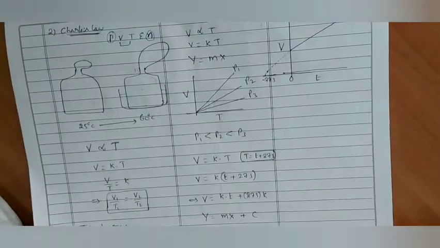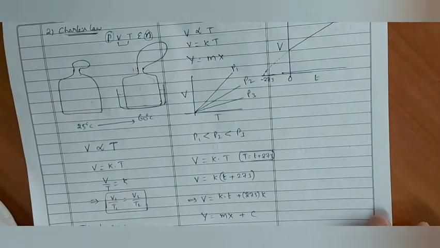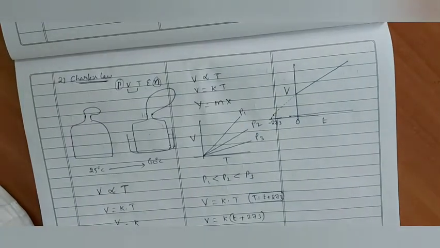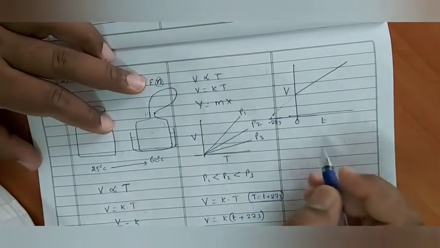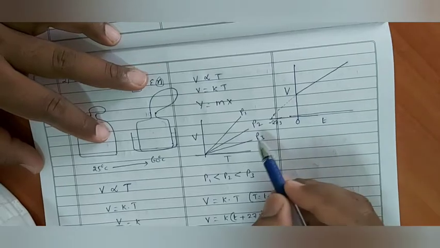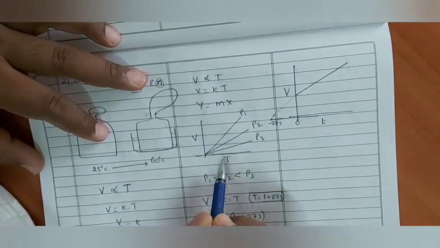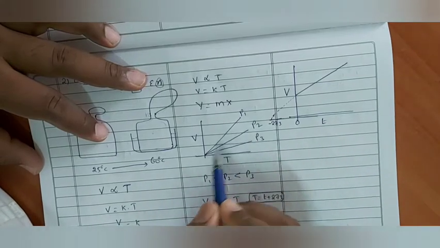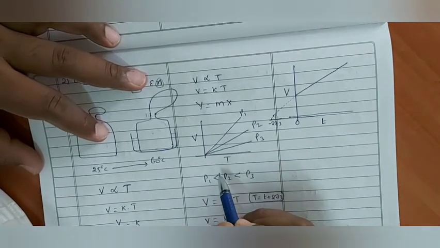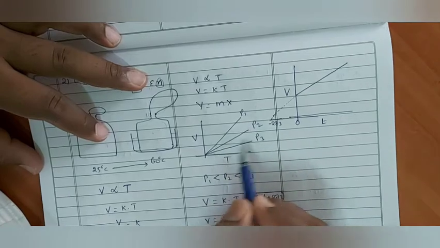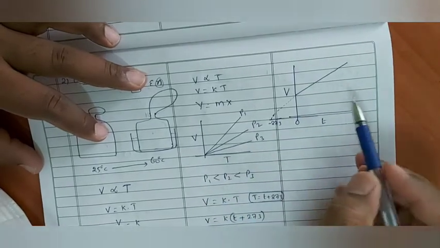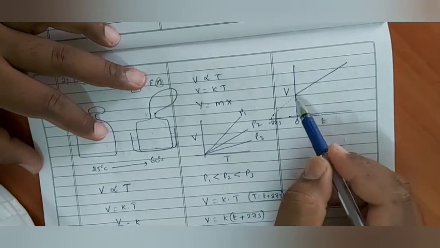Till now, what we have studied, observe carefully. This is the difference between the graphs of volume and small t, and volume and capital T. For volume and capital T, we directly get y equals mx, a straight line passing through the origin. This one also is a straight line, but not passing through the origin.